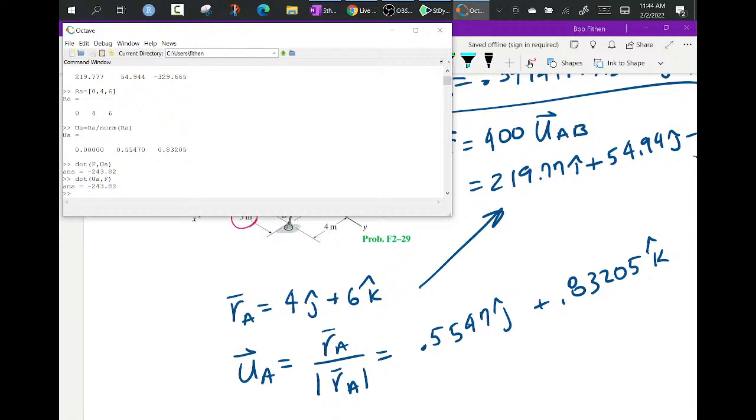Here's what's also interesting. This may seem weird to you, so let's see. You think about it, this is a 3 by 1, so I can do F times UA transpose. You get the same thing. So essentially, this last one is if you listed them as a vector.